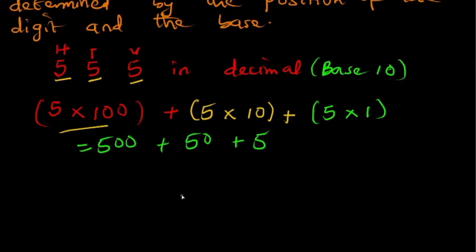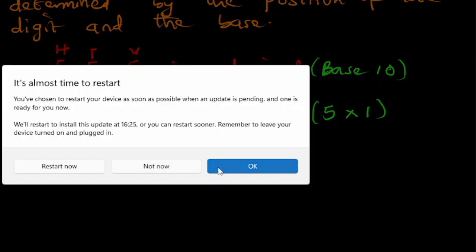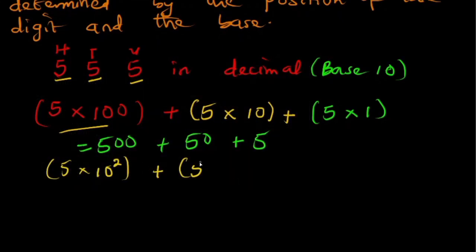So I can still rewrite this as 5 times 10 raised to the power of 2, plus 5 times 10 raised to the power of 1, plus 5 times 10 raised to the power of 0.